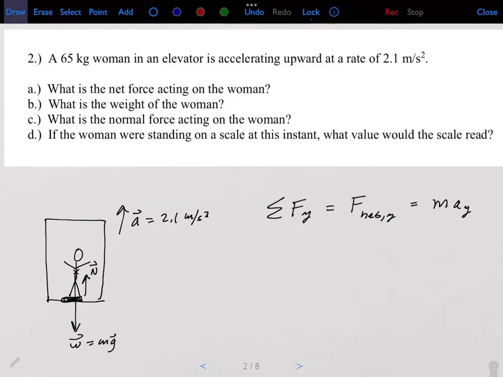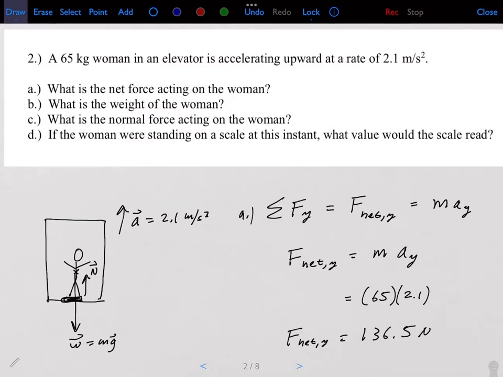So if I want to find the net force, this is part A, then the net force is simply going to equal the mass times the acceleration in the y direction. Her mass is 65, and the acceleration was 2.1. If you work that out, it's 136.5 newtons. So that's the net force.